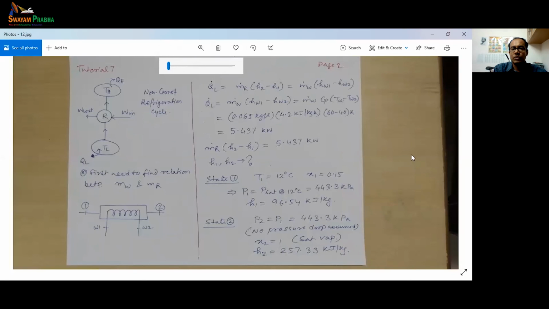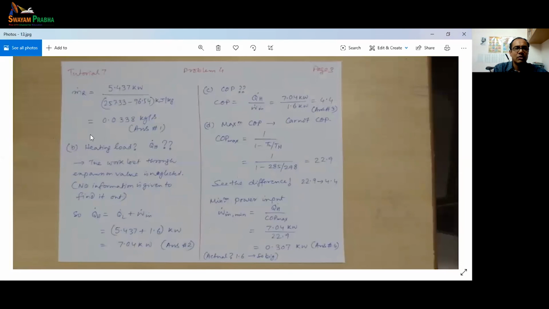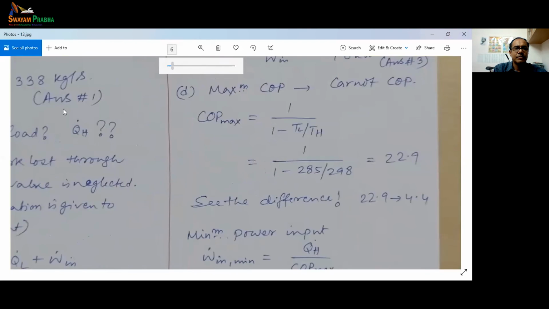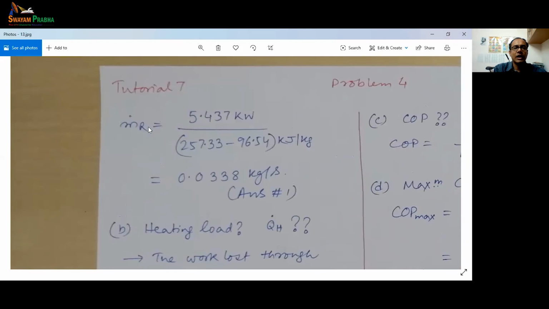So if we do that, M dot R we can directly find as 0.0338 kg per second, and that's your first answer.